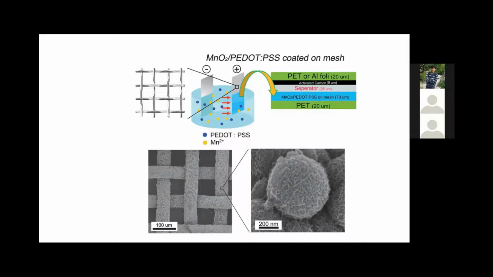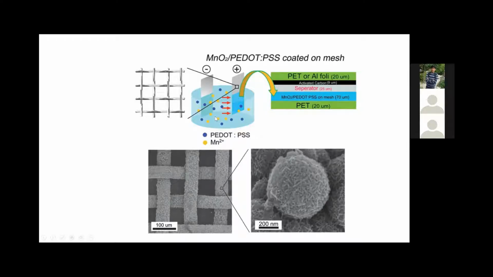Here is one example where they use a stainless steel substrate with a net-like structure. In this EPD technique, they use PEDOT:PSS, a polymer material, and a manganese oxide precursor; the yellow dots are Mn2+ ions.